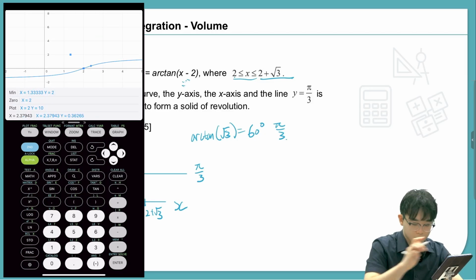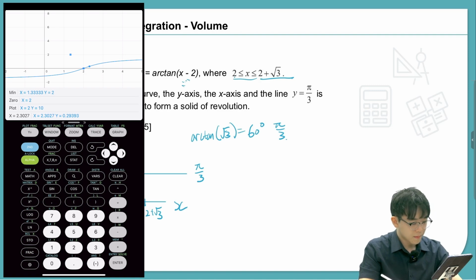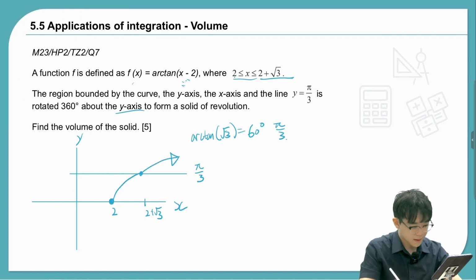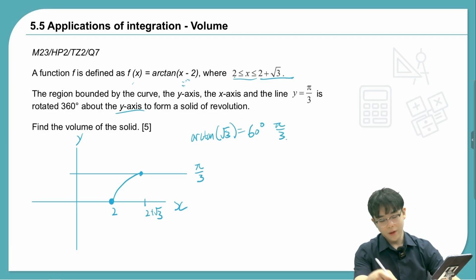Yep. So our graph would look something like that. Yeah, so it does go on a bit in the negative direction as well, but all we need to know is this part. Okay. And what are we doing to this?